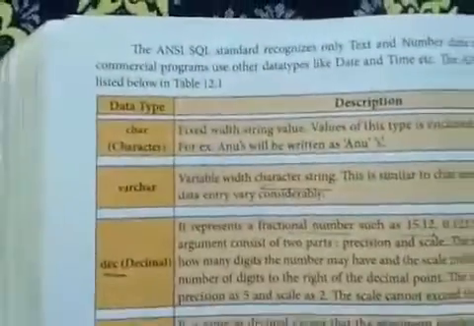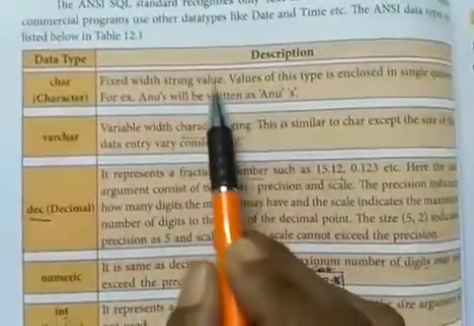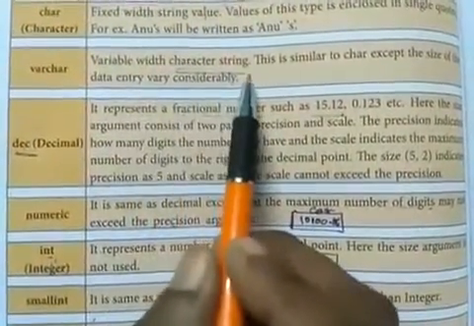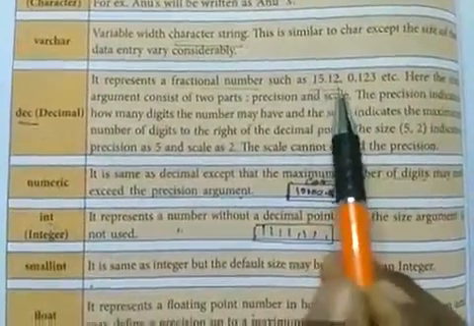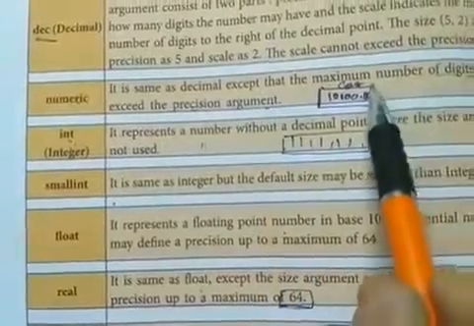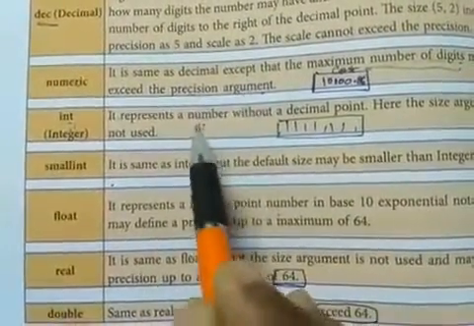That is what we have studied. So what are the data types you have studied here? Character, which is used to specify a particular character, varchar, which is used to specify a string, and decimal, which is used to specify decimal values. Numeric, where we can specify a particular number of digits. Integer, which by default will take 11 digits.